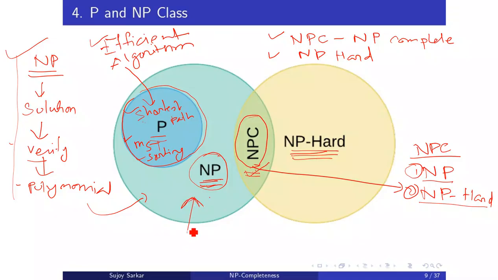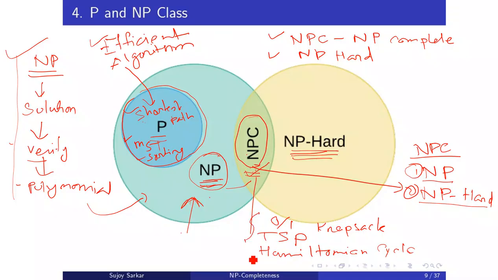These problems are NP, we can verify them in polynomial time, but not as hard as the problems that lie here. So what are the problems that lie in NPC? For example, TSP, the traveling salesman problem, or the Hamiltonian cycle problem, even the 0-1 knapsack problem.